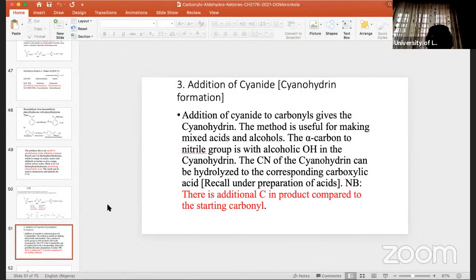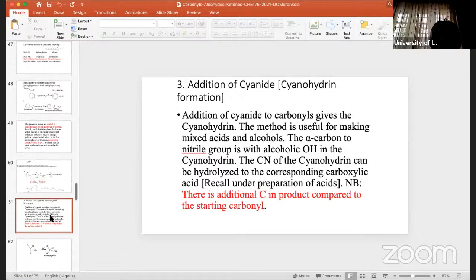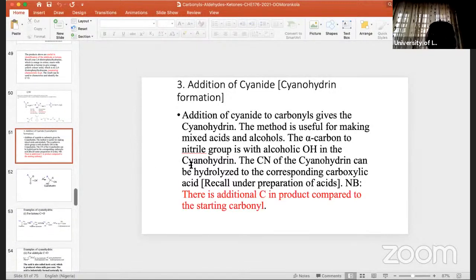Now, another reaction is the addition of cyanide to form our cyanohydrin. I'll give you a vivid example for that very soon. When you add your cyanide to carbonyls, you always obtain your cyanohydrin. This method is very important for making mixed acids and alcohols.